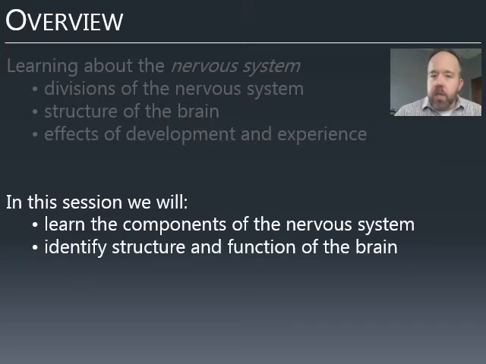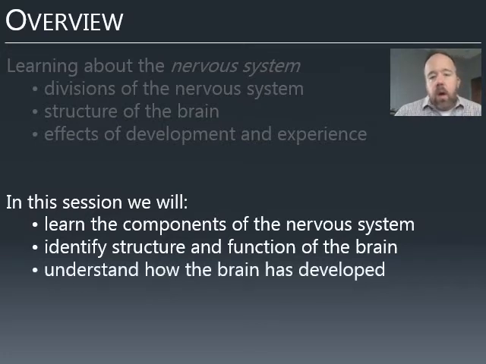We'll talk about structures in the brain and their corresponding functions and how those relate to one another. We'll also understand how the brain is developed, both within a person's lifetime and also on an evolutionary time scale. So how does our brain look similar but also different from that of other mammals, or even non-mammals?